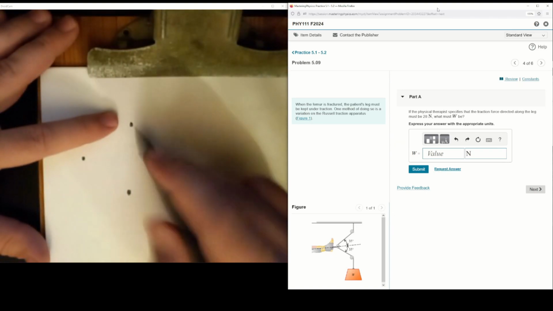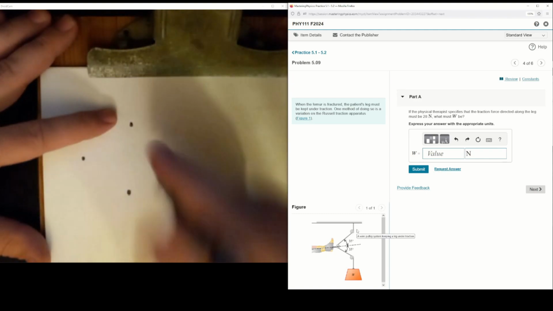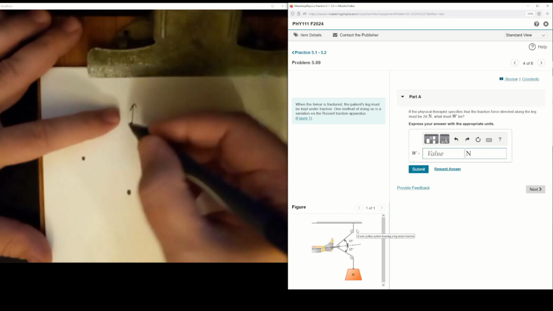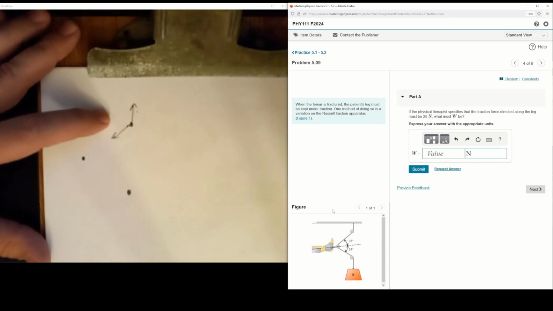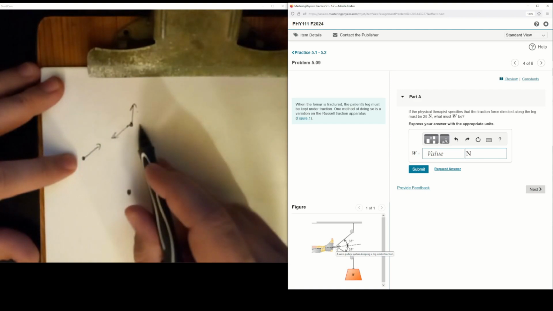So looking at the very top peg, we do have something connected to the wall on that top peg, and then there's a rope coming down this way. If we look at where the person's foot is, here we have the tension going up to that peg.